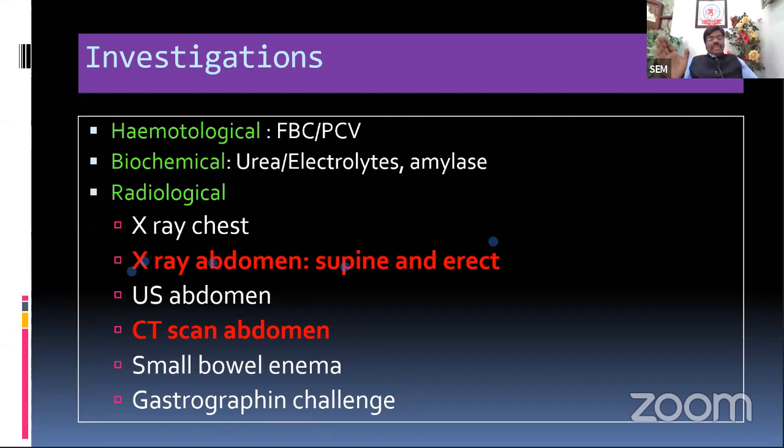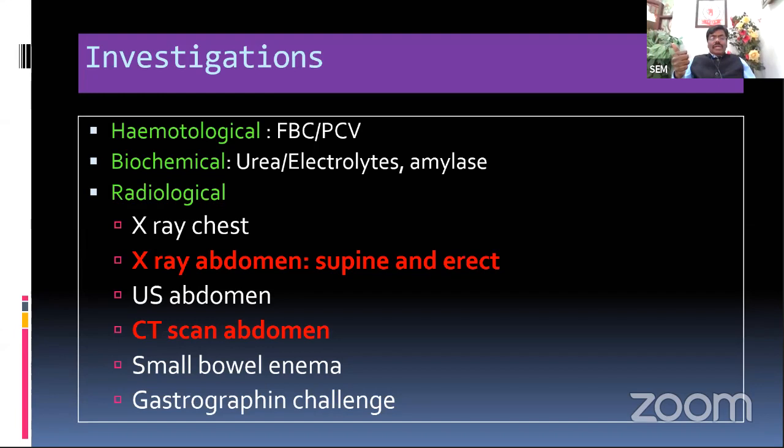So in this investigation, we do hematological, biochemical, and radiological. In hematological, when you go for full blood count and packed cell volume, as I told you already, these people very often will have neutrophilic leukocytosis, especially when they have a strangulated small bowel. Very often they can have anemia also.